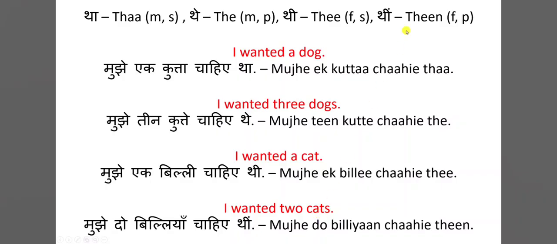For feminine plural, we have thii as the be verb. मुझे चाहिए थीं is I wanted or I did want. दो is two, बिल्लियाँ is cats. Alright, so this is how we select one of these depending on the number and gender of the object of the English sentence.